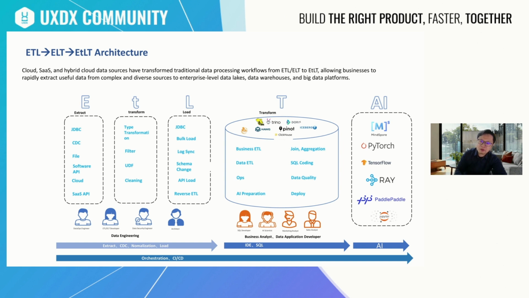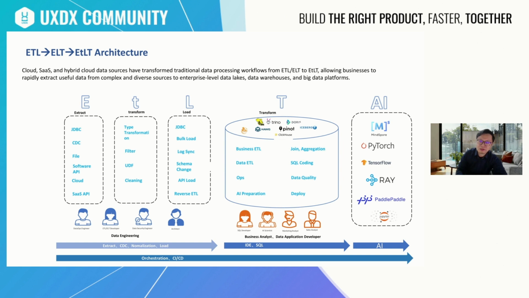And then when you ETL the data source into your data warehouse, you can do a lot of business transformation in your data warehouse, in your Snowflake or in your TrinoDB or in your Hadoop. And then perhaps some business analyst or data application developer, or if you can write SQL, even a product manager, can write SQL in Snowflake or TrinoDB to do your data analysis.